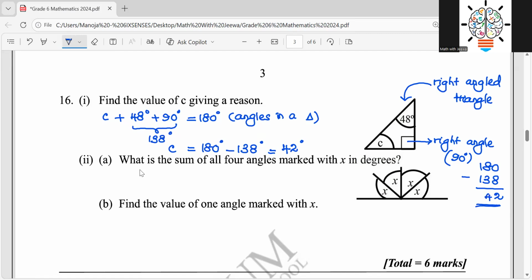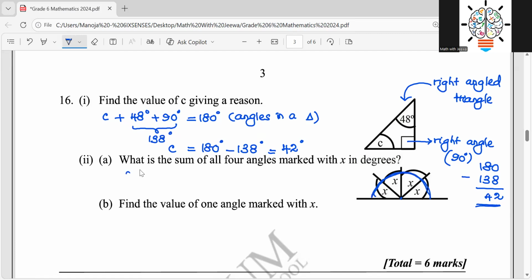42, right? What is the sum of all four angles marked with x in degrees? So then what is this, children? Angles on a straight line add up to 180.